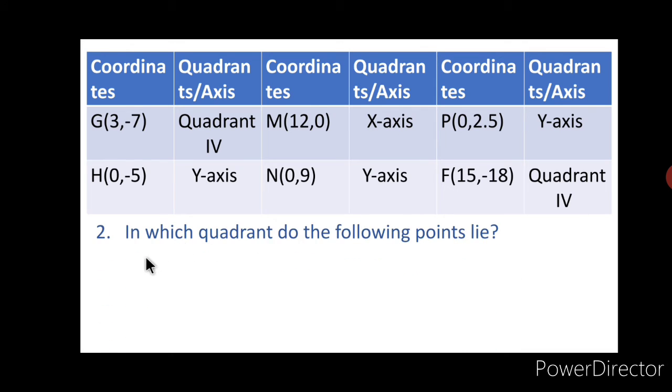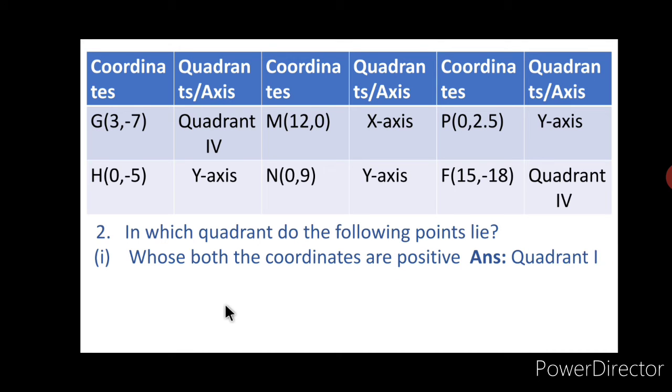Second question is, in which quadrant do the following points lie? First one is, whose both the coordinates are positive. We already seen in the first example, when both the coordinates are positive, then this point lie in the first quadrant.